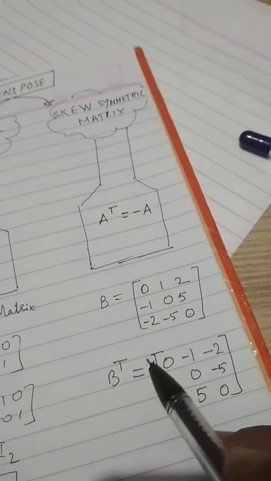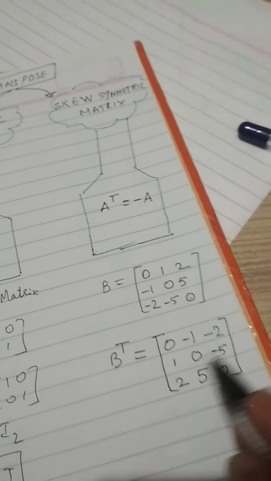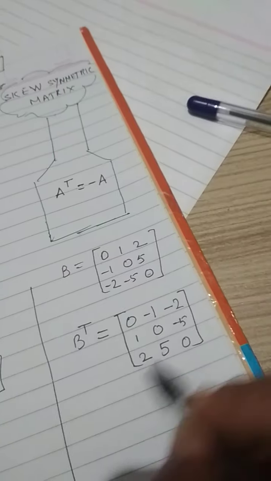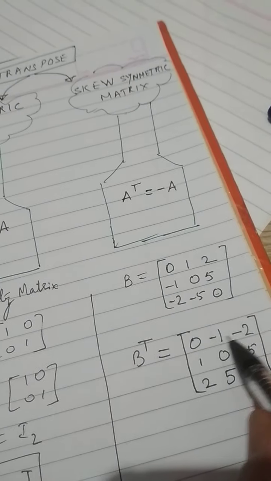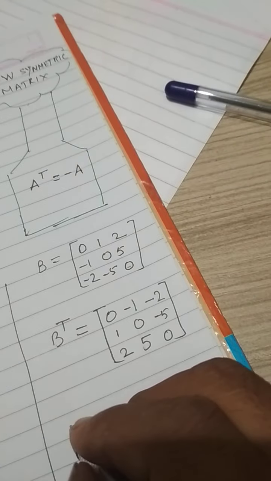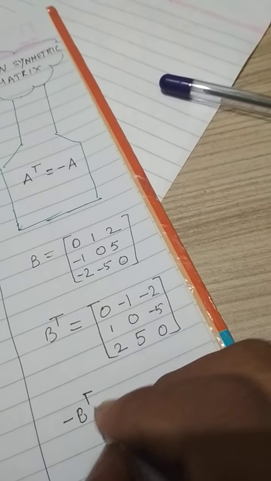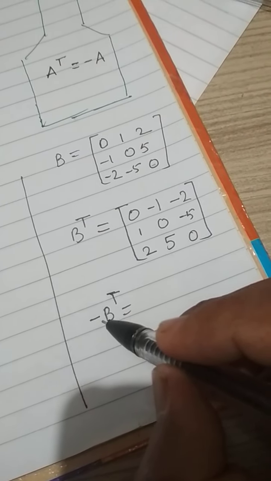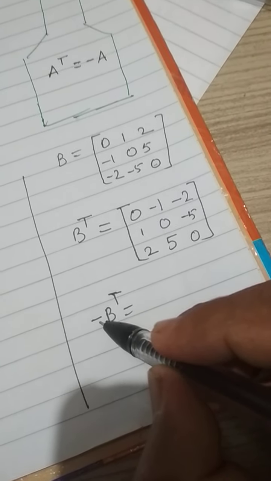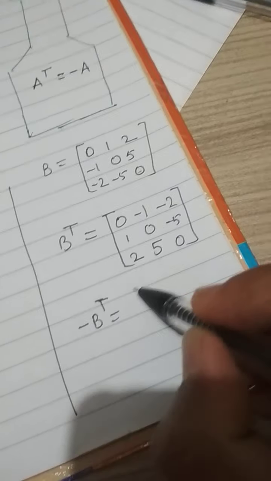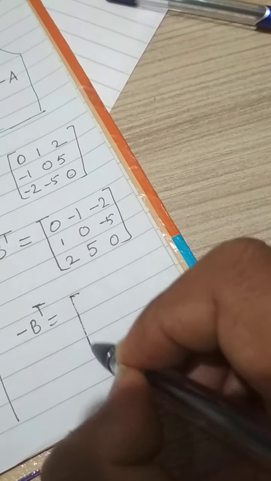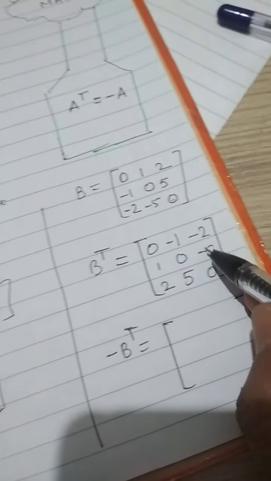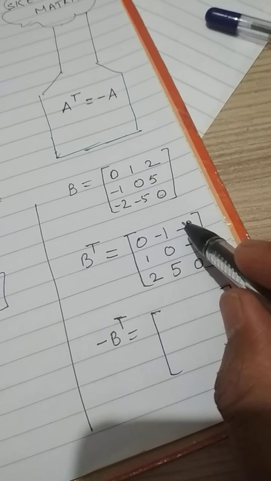Suppose I want to calculate minus B transpose. Using the scalar multiplication property, I have to multiply this minus 1 with each and every entry of the matrix.